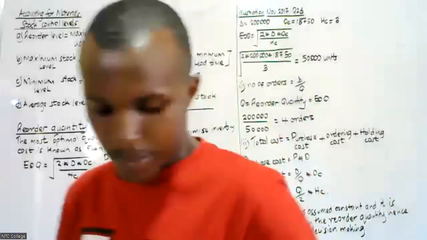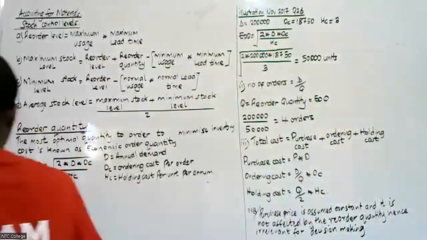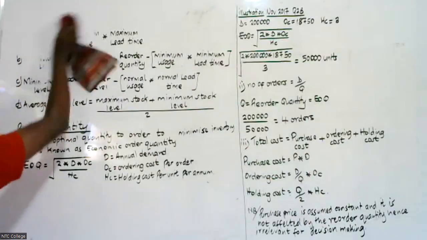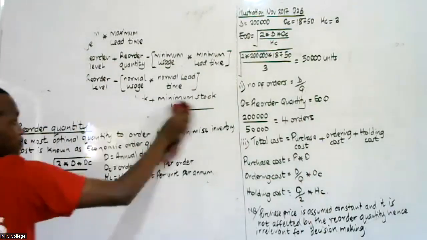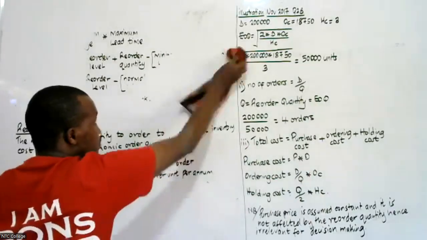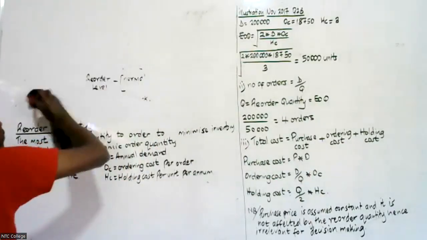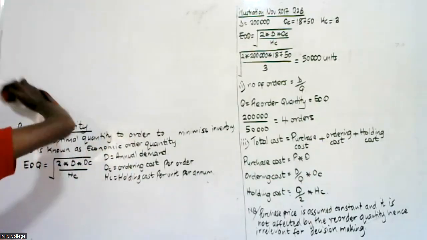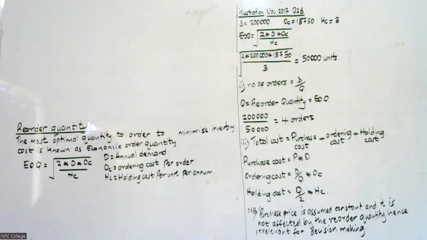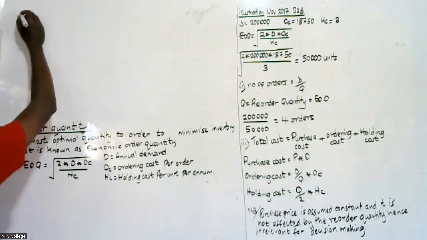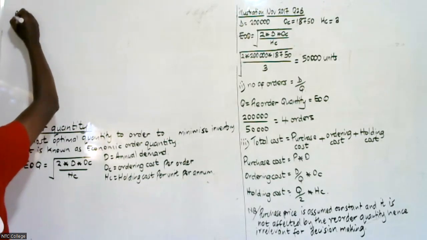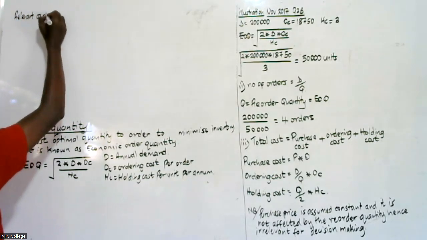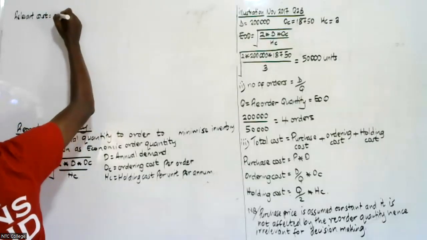So therefore, the relevant cost will be your ordering cost and holding cost.